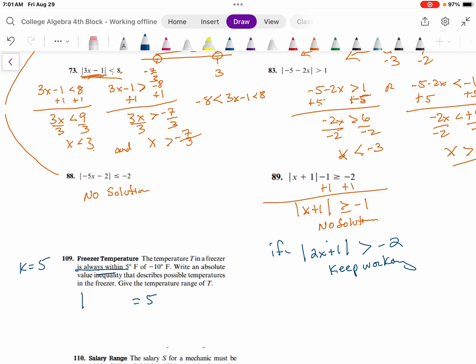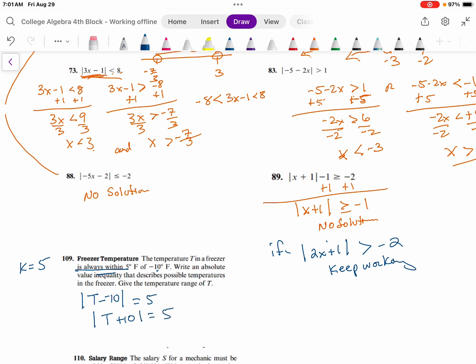So our absolute value would be the temperature, and then what are we fluctuating around? What number is in the middle of the plus or minus 5 degrees? Well, that was negative 10 degrees Fahrenheit. So we would go minus a minus 10. So our inequality statement is the absolute value of T plus 10 is less than or equal to 5.